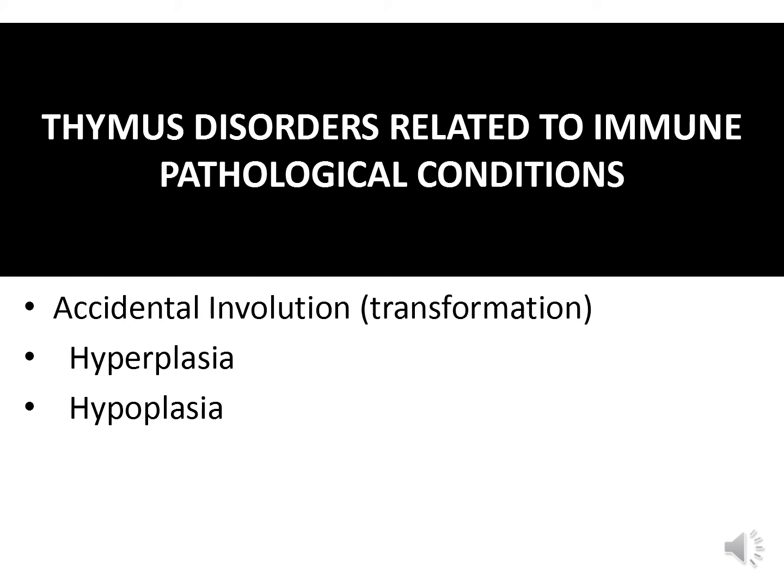Now we start with thymus disorders related to immune pathological conditions. There are three kinds of pathology: accidental involution or transformation, hyperplasia, or hypoplasia.